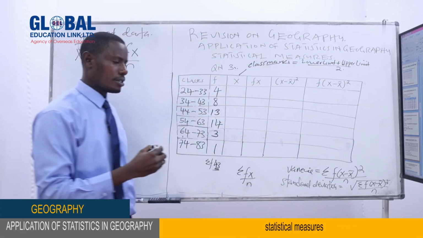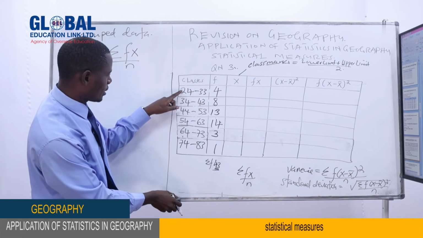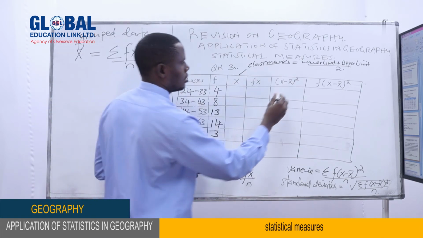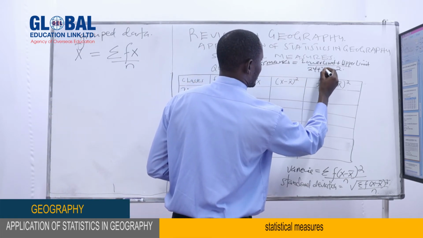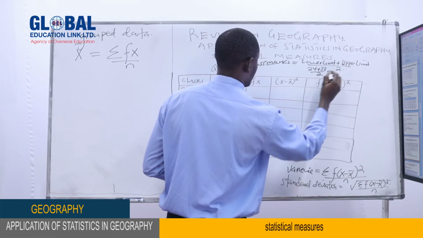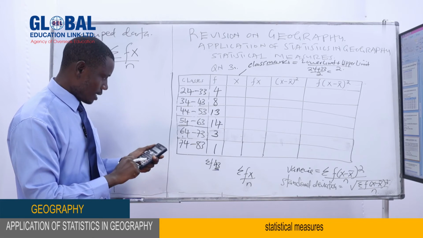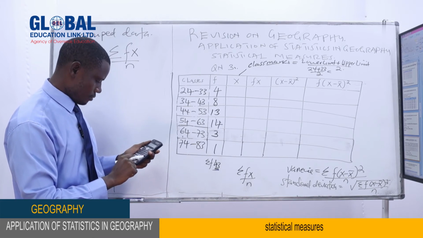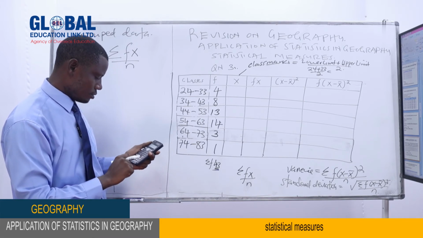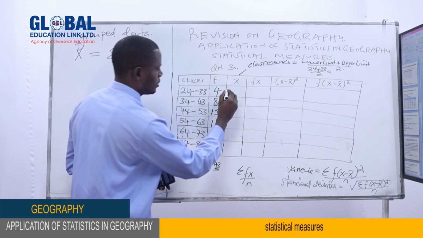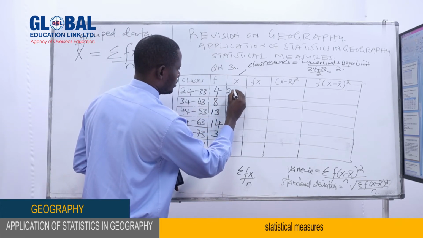So for that particular question, we take 24 plus 33, then we divide by 2. Then you get the first class mark. So 24 plus 33 is equal to, we divide by 2, then we get 28.5.